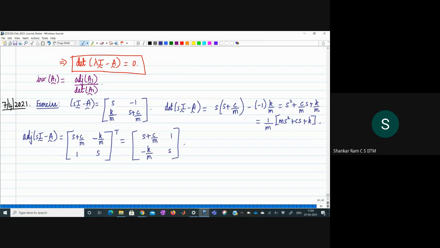That is why we get the signs the way they are in this expression. So this is the adjoint of that matrix. As we discussed, the inverse of sI minus A will now be the adjoint of sI minus A divided by the determinant of sI minus A.